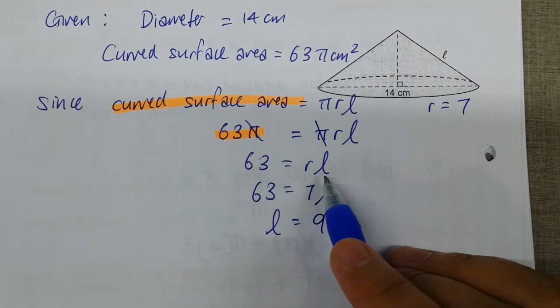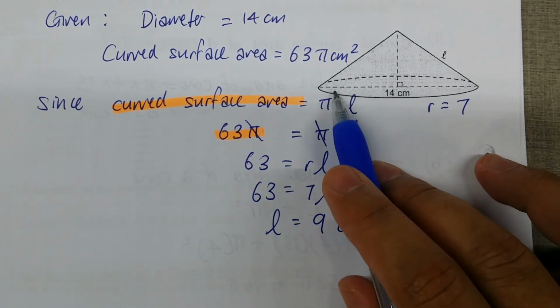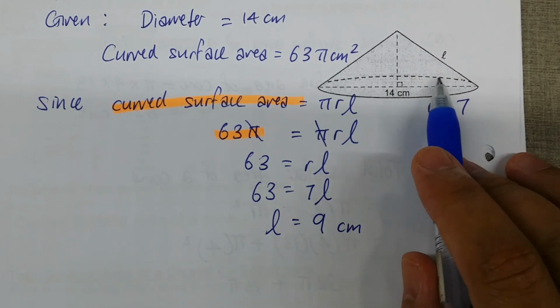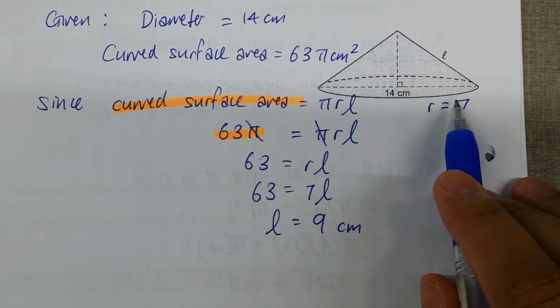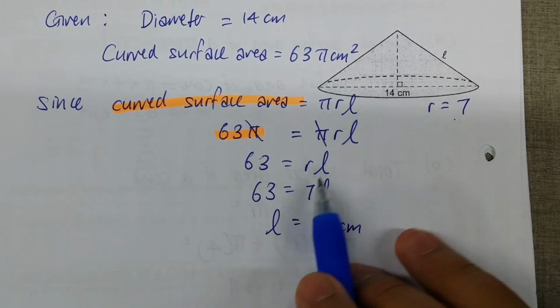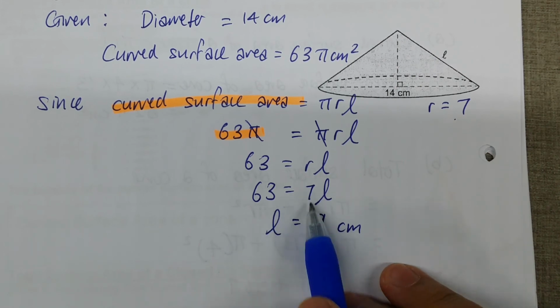So 63 equals to RL. R I have, because diameter is diameter of the circle. This is a circle, a 3-dimensional figure, so this is a circle. The diameter is 14, radius must be 7. 14 divided by 2 give me 7. So replace R by 7. I want to find L. 63 divided by 7, I get 9.